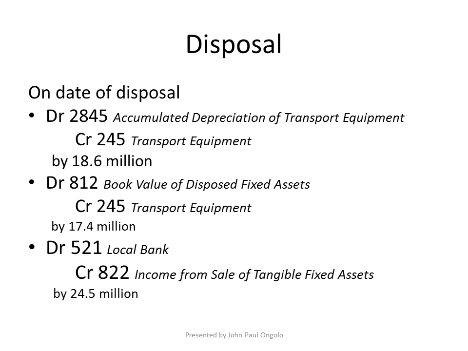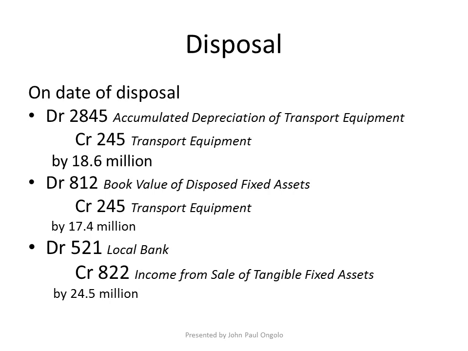In this case we debit account 521; in another case it could be cash, or maybe a sale on credit. And then we credit account 822, which records the income from the sale of tangible fixed assets. Remember that as it is a non-operating activity, that is why the income and the book value are recorded in account 8. So there you have the double entry for the disposal of the fixed asset.